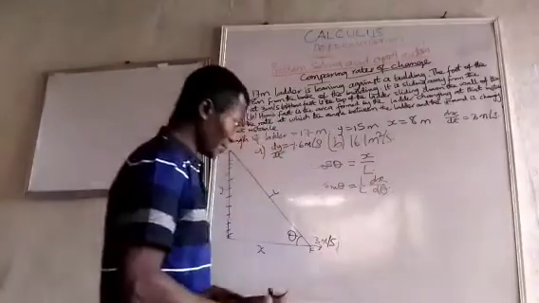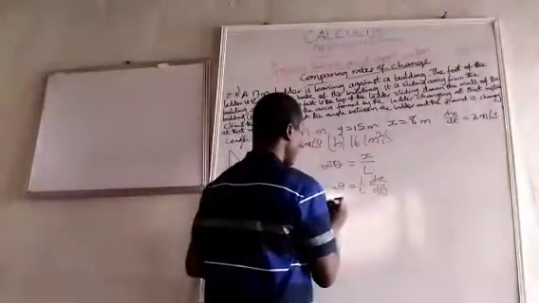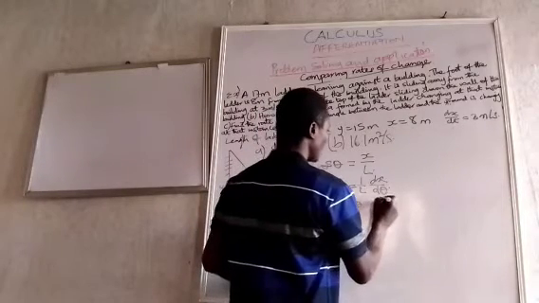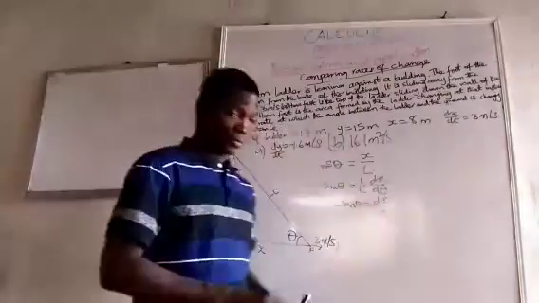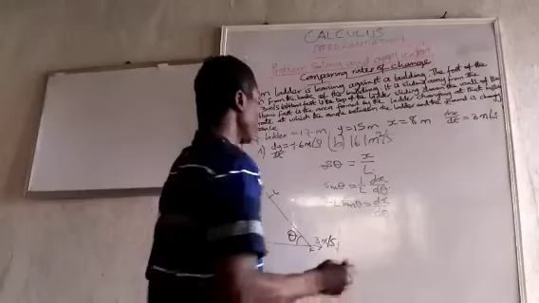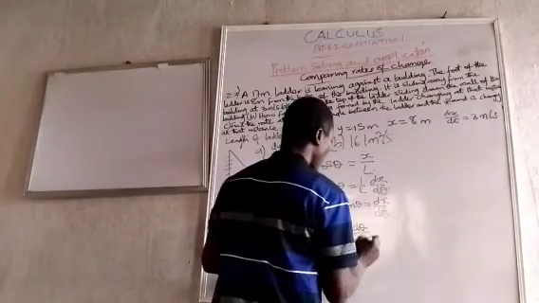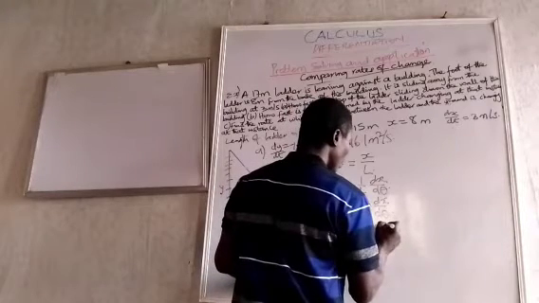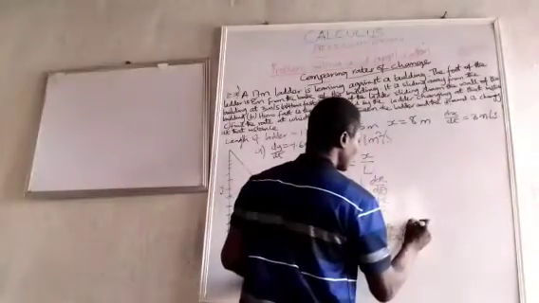Now I can say minus L sine theta d theta is equal to dx. And d theta dt can be taken as d theta dx times dx dt.